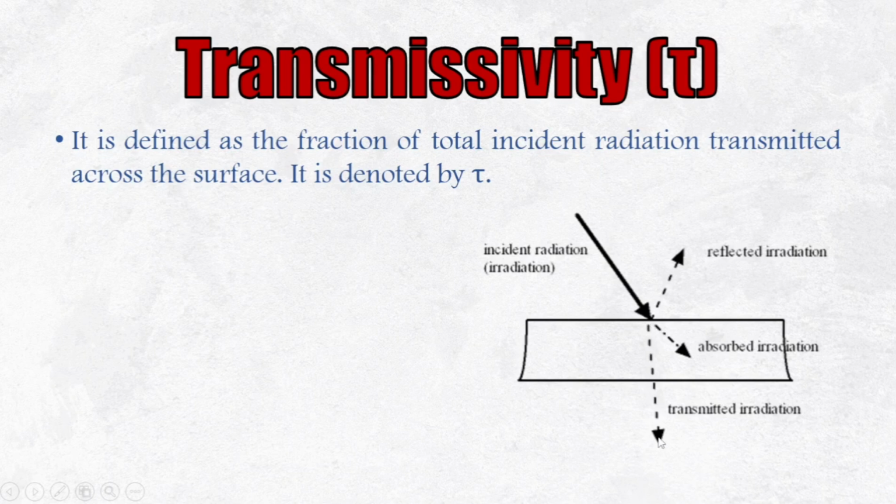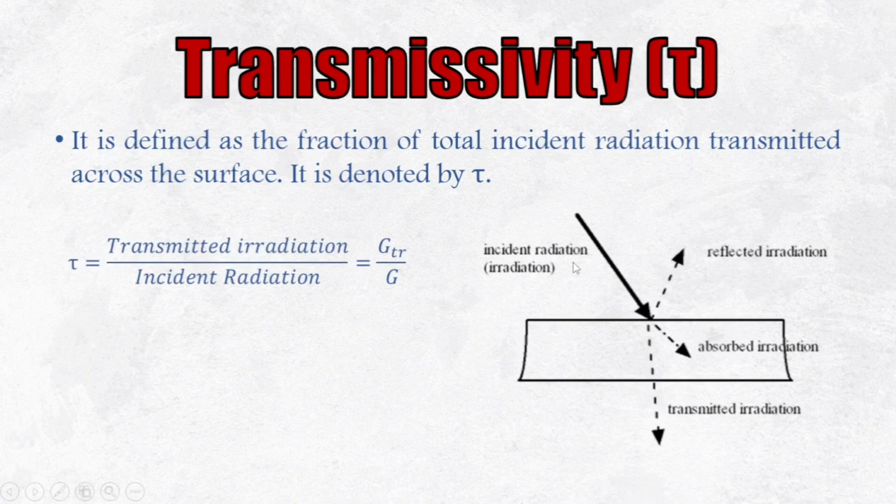For example, if we have a glass surface, in that case radiations will be transmitted through the glass, and those transmitted radiations divided by total incident radiations are known as transmissivity. Again the value of transmissivity will be between 0 and 1. So one should know that the addition of all these three things, that is absorptivity, reflectivity and transmissivity, should be equal to 1.